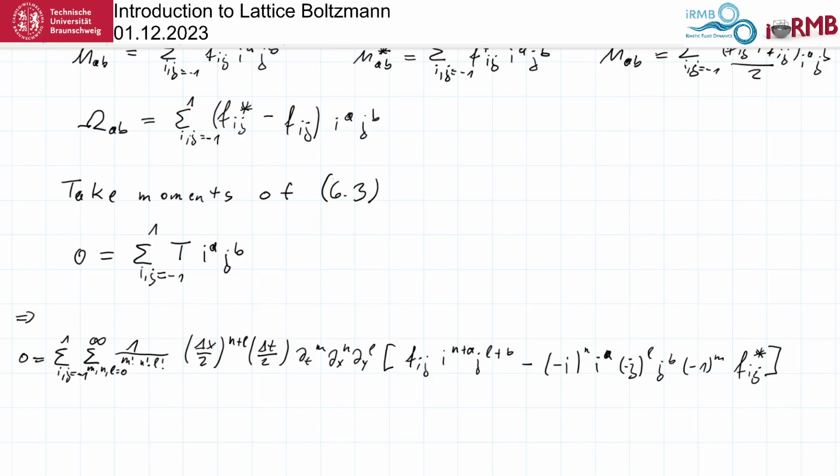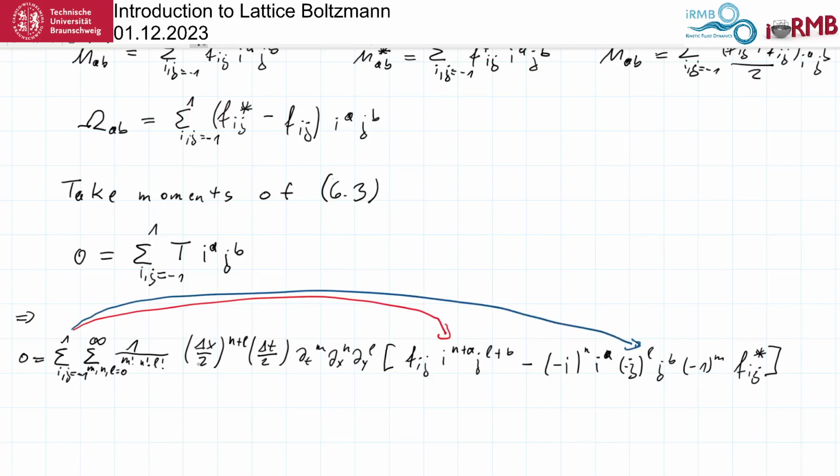So we take this sum and put it into here, and we also put it into here because everything here is otherwise linear. And then we execute this sum and we get the moment.